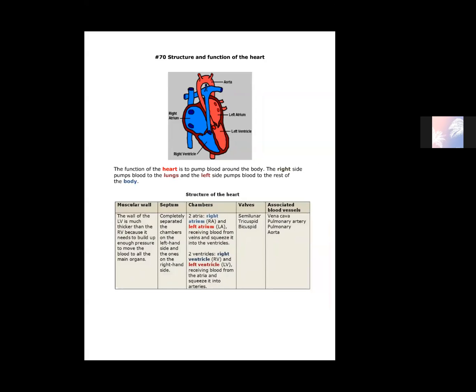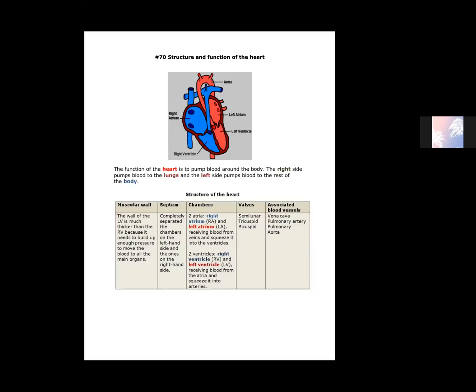The left side is for systemic circulation and the right side is for pulmonary circulation. There is a septum to separate the left side and the right side, so the four chambers are completely separated.